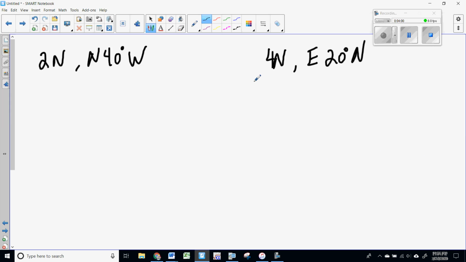So doing component vectors is a much easier way, I think, of doing this, because you don't have to worry about your picture. So north 40 degrees west for 2, something like this. This is 40 degrees. This is 2. And then all I want to find is my x and y coordinate.